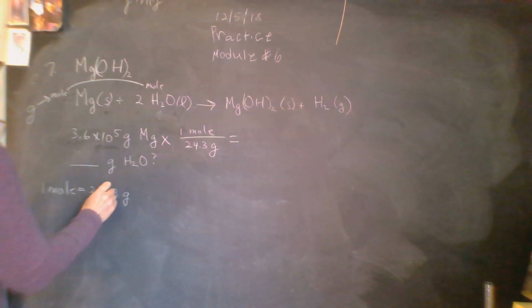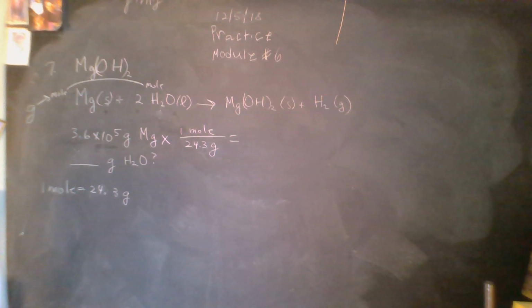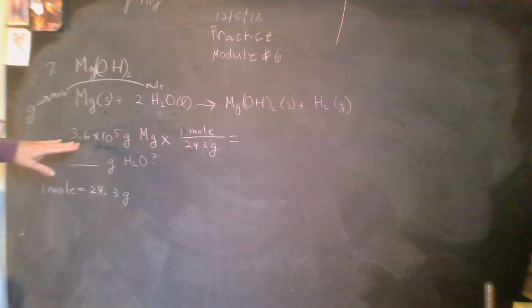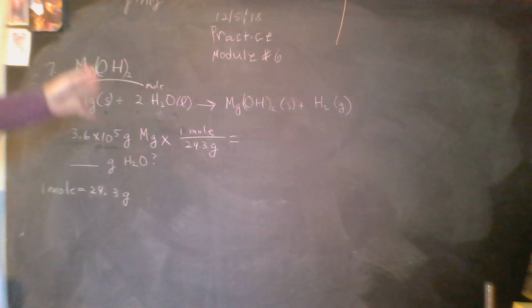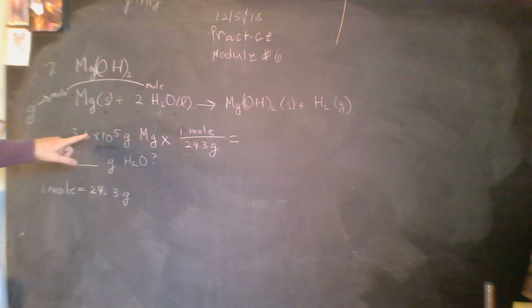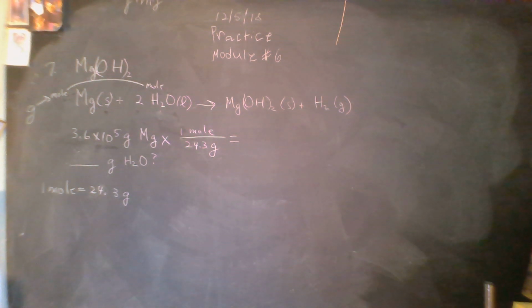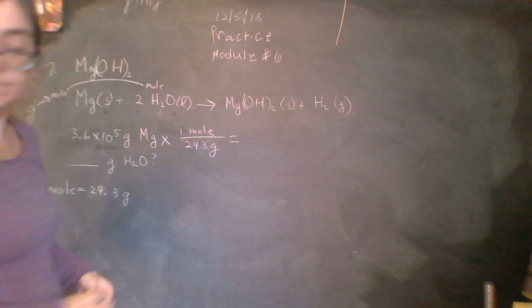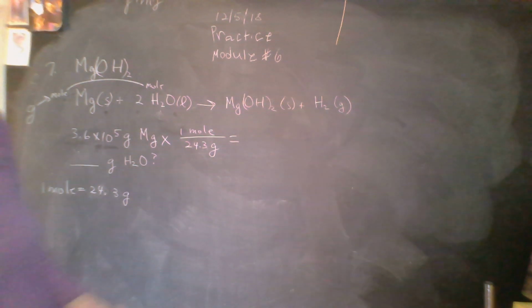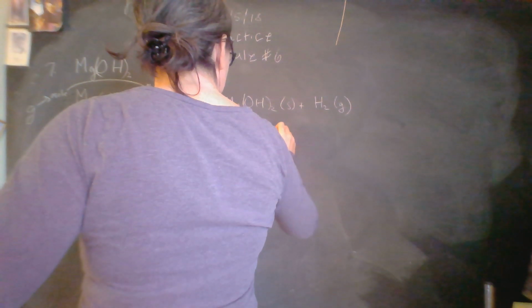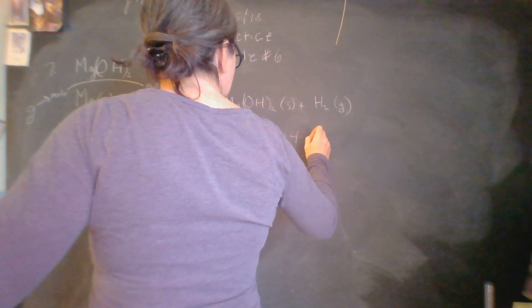So now I multiply what by what? Perform the calculation. If I were you, I would write that out. It's going to be easier to figure out your exponents. It's 360,000, divided by 24.3 equals 14,814.81481.